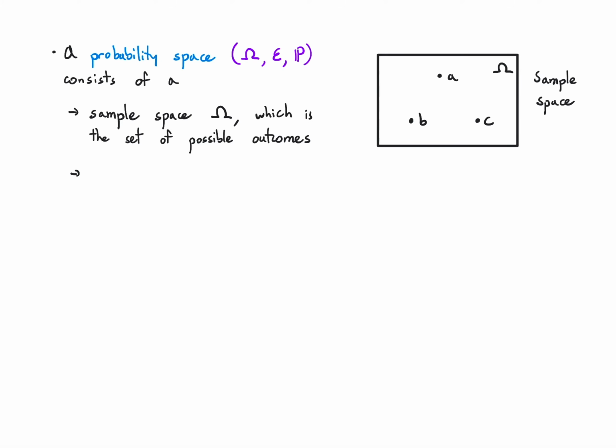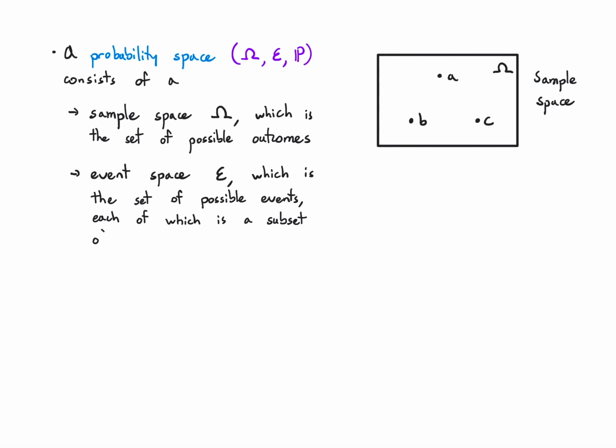The other thing I need to specify is an event space. So the event space is the set of possible events, each of which has to be a subset of the sample space. Okay, and we just said that we can't have all possible subsets. We have to have some rules, but we're not going to worry about that. And in this case, since it's finite, we really don't have to worry about it. We're going to take all possible subsets.